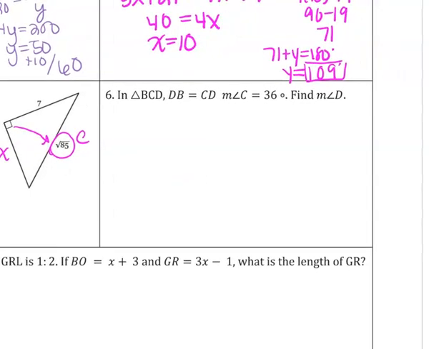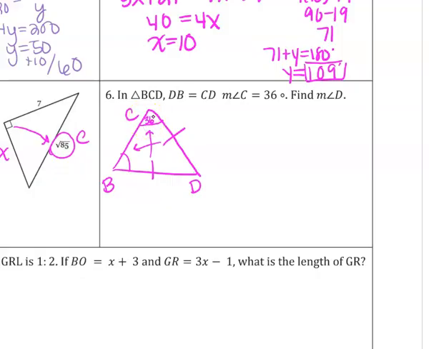All right, question 6. We got triangle BCD. Let's draw a picture. Where DB equals CD. So I'm already thinking angle C is congruent to angle B because those are opposite. They're telling me angle C is 36 degrees.